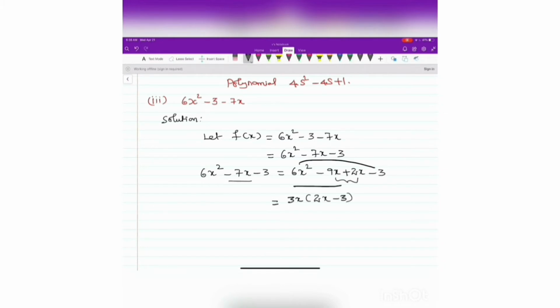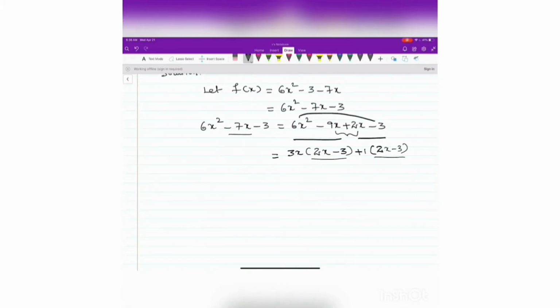And when I combine 2x minus 3, I can take out 1, inside I will have 2x minus 3. Now, 2x minus 3 is common, which can be taken out as common factor. So, 2x minus 3 into 3x plus 1. So, this is what I am getting for 6x square minus 7x minus 3.